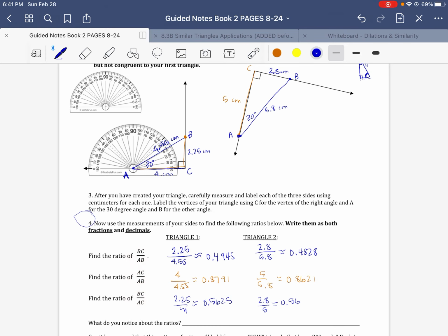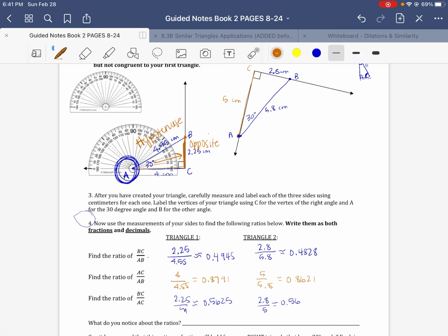So again, if I was looking at this 30-degree angle, and that's kind of the one I was using, we call it reference angle, then there's three sides of the triangle. There's this hypotenuse, and I'm just going to label it, right? This is my hypotenuse. There's this leg over here, and we call this the opposite leg because it's opposite of the 30-degree angle that I was talking about.